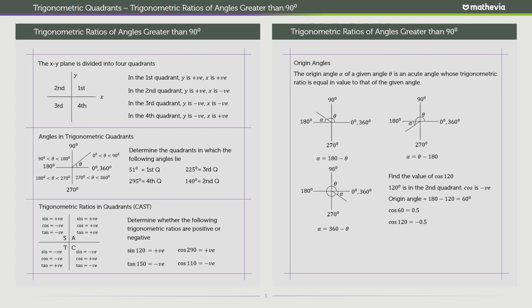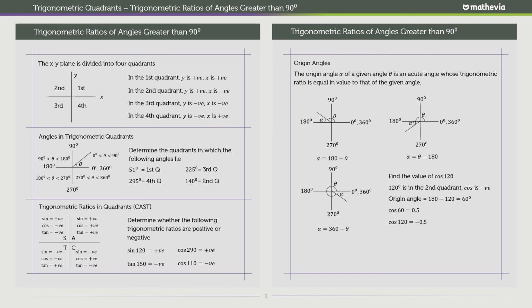The sine of 60 is 0.8660, and the sine of 120 is also 0.8660. Is it positive or negative? It's positive, so it's the same, positive 0.8660. So sine of 120 equals 0.8660. It's really that straightforward.